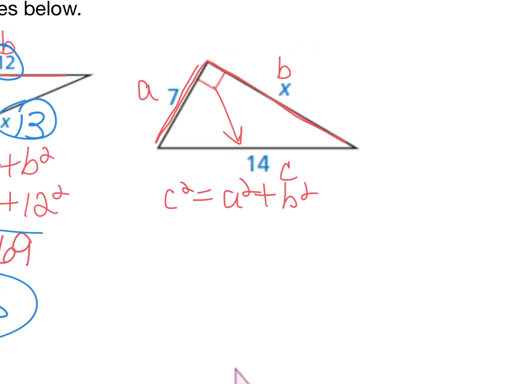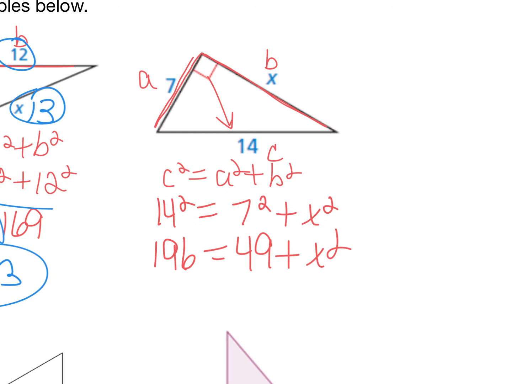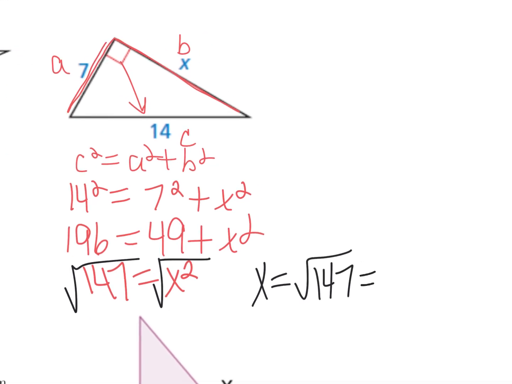If we substitute those in, we have 14 squared equals 7 squared plus x squared. 14 squared is 196. 7 squared is 49. Again, I've got to get that x squared all by itself, so I'm going to subtract 49 from both sides, and I get 147 equals x squared. In that last step, we always want to make sure we take the square root, and x is going to be the square root of 147. If we round that, it would be approximately 12.12.